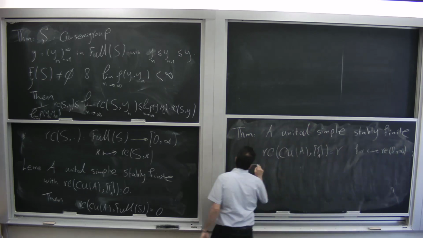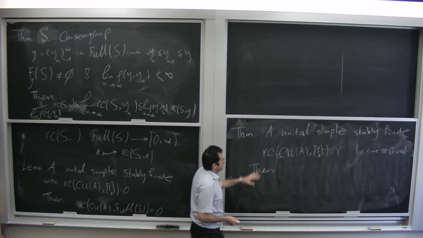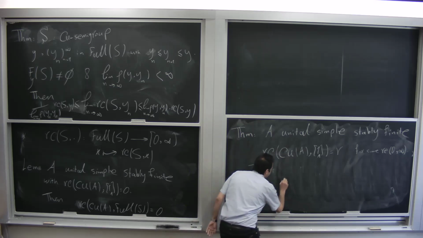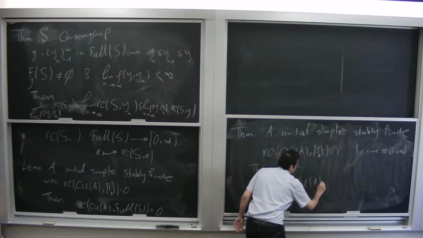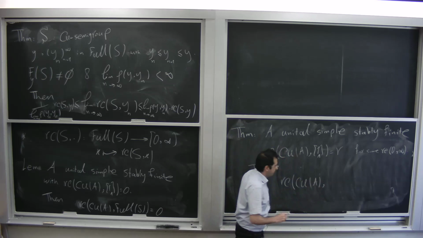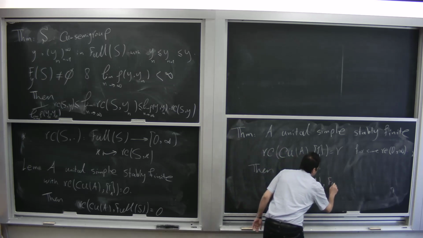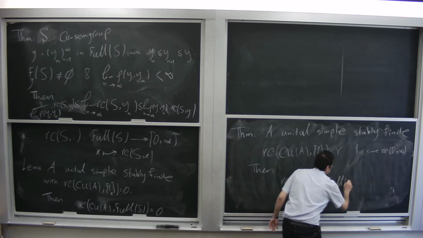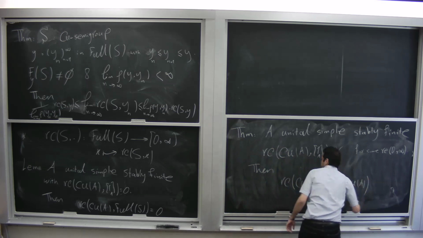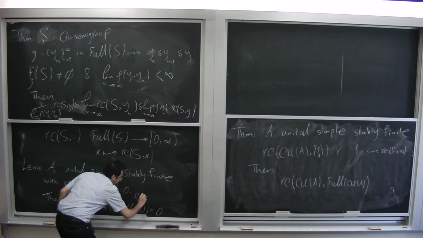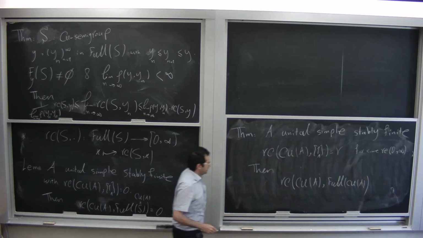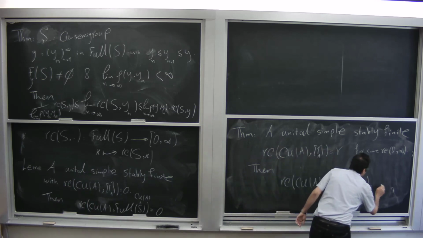Then the range of the radius of comparison function associated to Cu(A) is (0, infinity).